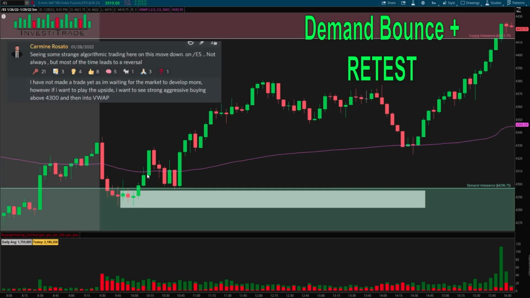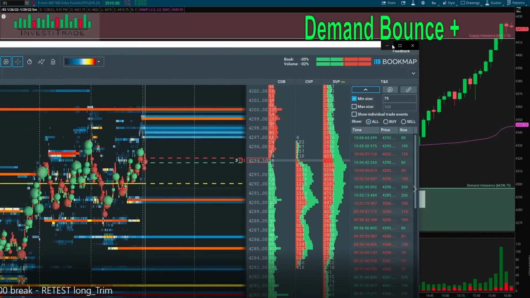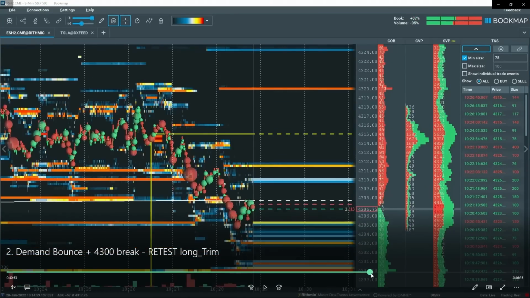If the market pulls back, it's safe to say we have new buyers factored in around that area, and we want the same buyers to defend this position, not only because of the new demand, but also because we have a bounce out of the old existing demand zone that formed in the pre-market. So then the market pulls back into this 4296 area, around 10:30.